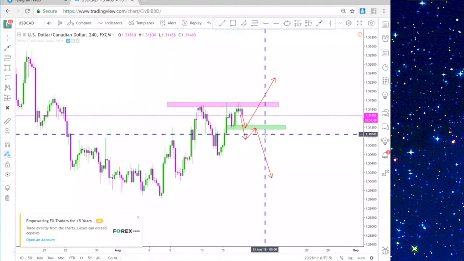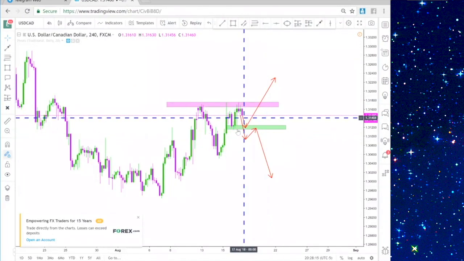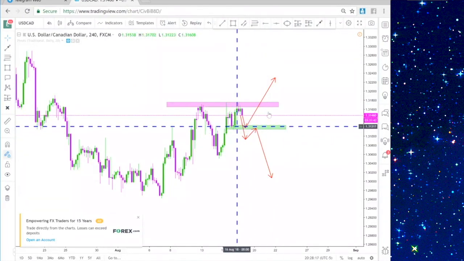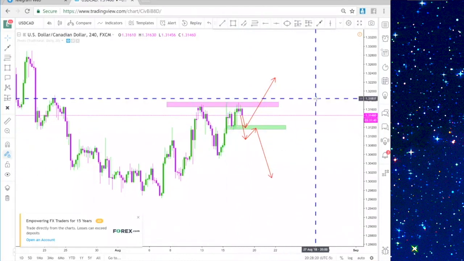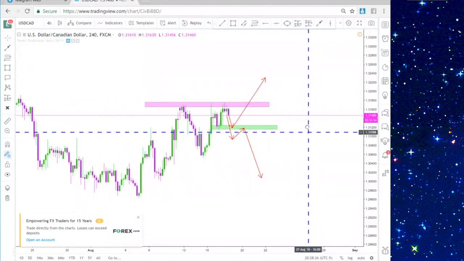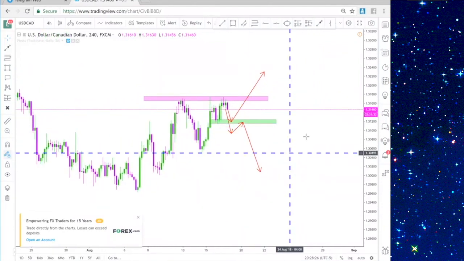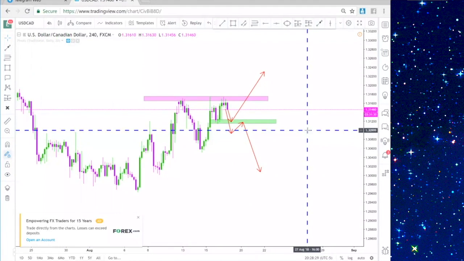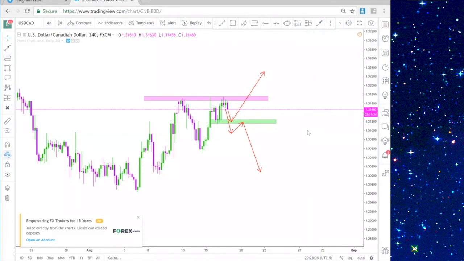But on a technical standpoint, she is still bullish until this breaks. And once this breaks, she's bearish. Overall, I feel like she should head down, but I'm not going to sell her until she breaks this. I have a high winning percentage, and it's because I don't just willy-nilly sell.